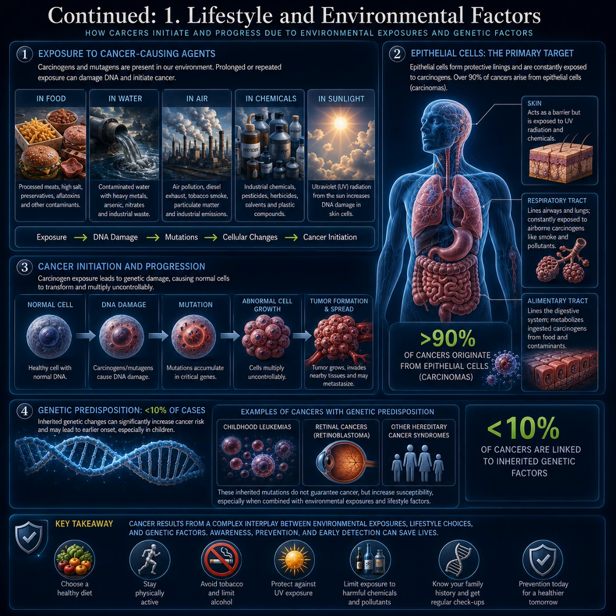Importantly, inheriting one of these mutations does not guarantee cancer. Rather, it increases susceptibility by reducing the number of additional genetic changes needed before a normal cell becomes malignant. Ultimately, cancer is best understood as the product of a lifelong interaction between our genes and the environment.